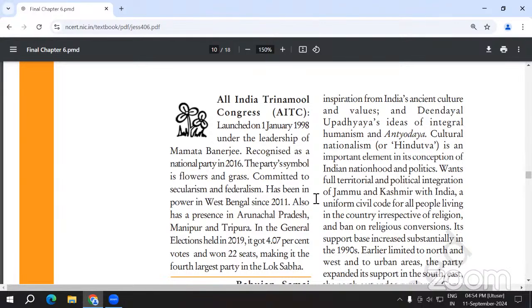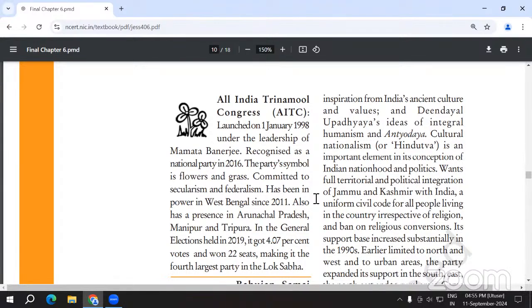It did not get the support base mainly because of that particular reason. When it was formed, this particular word was used, so it was interpreted in a different way, that this party's ideology is to establish only a Hindu nation. That is why initially it did not get much support. Okay.